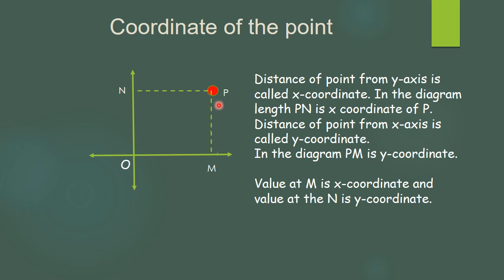So PM is the y coordinate, but the length of PM will be the same as the length of ON. So the value of the point N on the axis will be its y coordinate. We can say that the value of M gives the x coordinate, while the value of N gives the y coordinate.